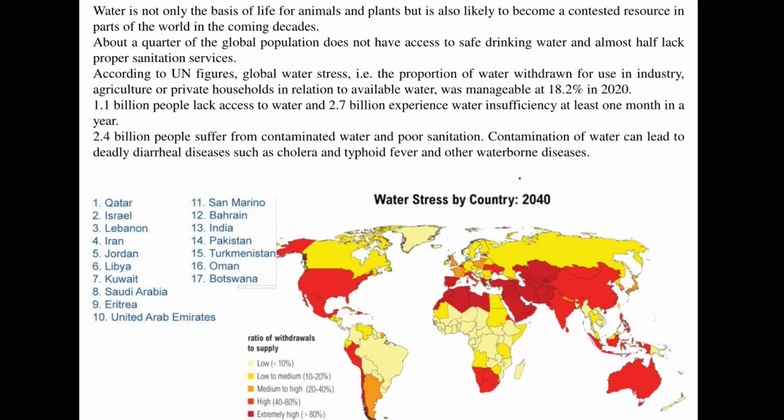For that we have to build such systems and materials that can make this water drinkable and clean, so that the problem we are going to face in most of these countries in coming years can be rectified.